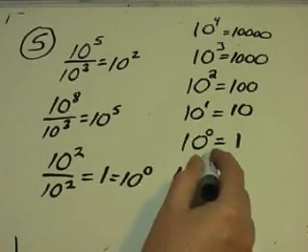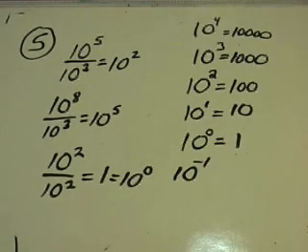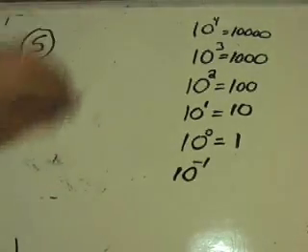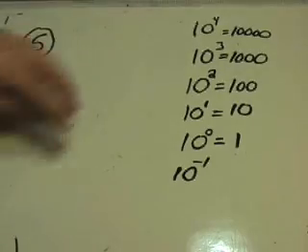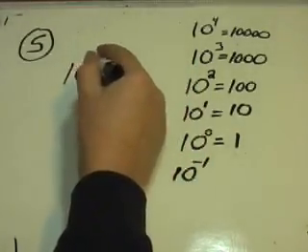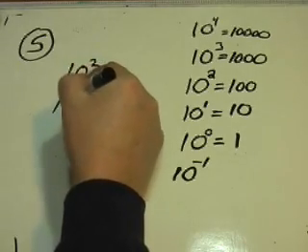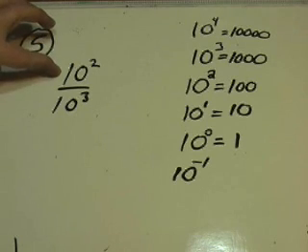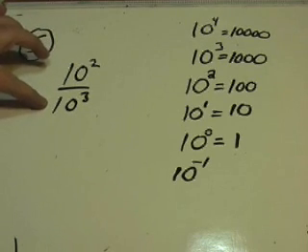Well, what about going lower, like, say, negative powers, 10 to the minus 1? Well, again, keeping with our rule here, let's say you divide a smaller number by a bigger number. 10 to the 2 by 10 to the 3. So that's 100 pies divided by 1,000 people.